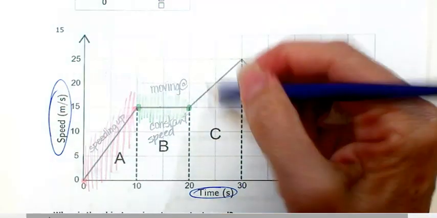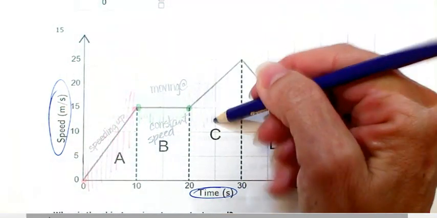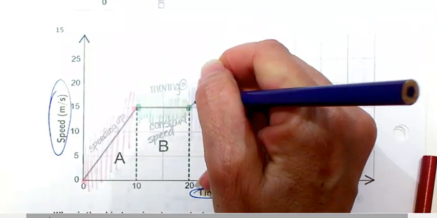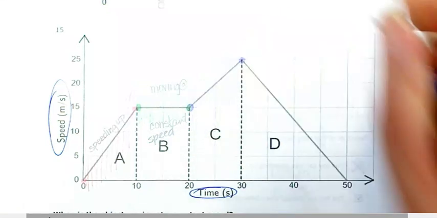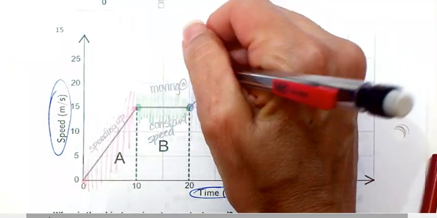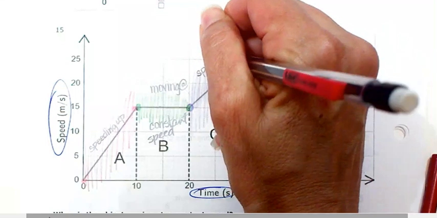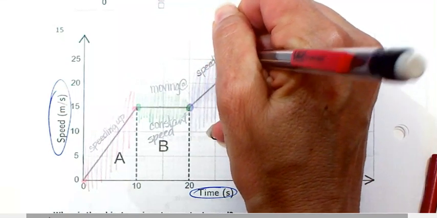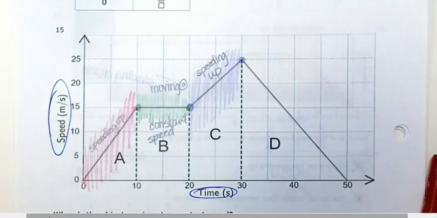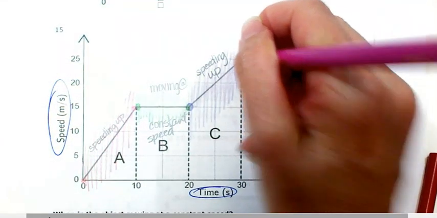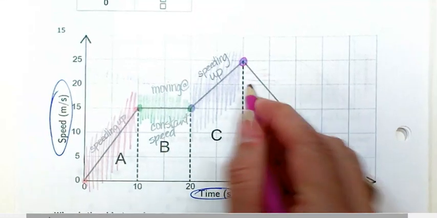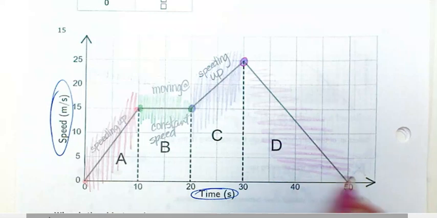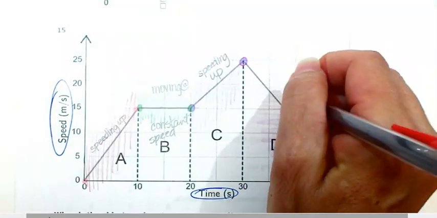Interval C, started that interval at 15, ended that interval at 25 meters per second. So again, this is another place where they are speeding up. Last one, they started at 25 and ended that interval at a speed of 0. So here in interval D, they are slowing down.